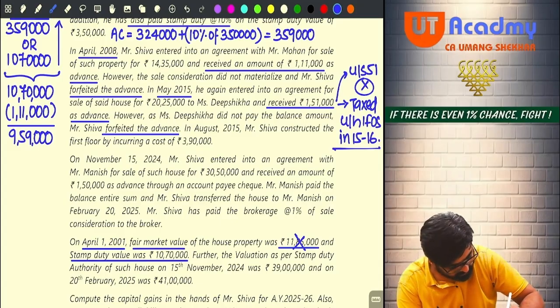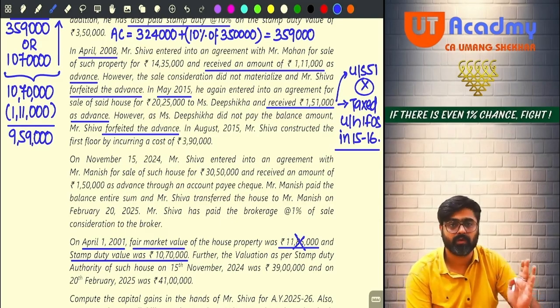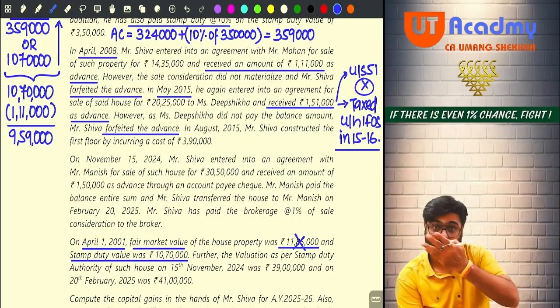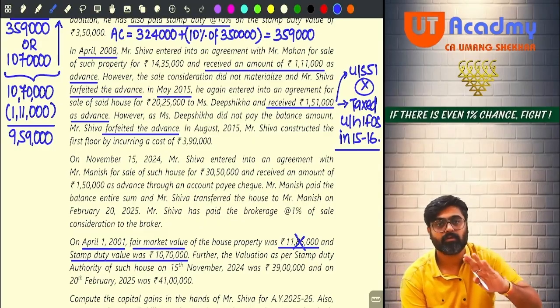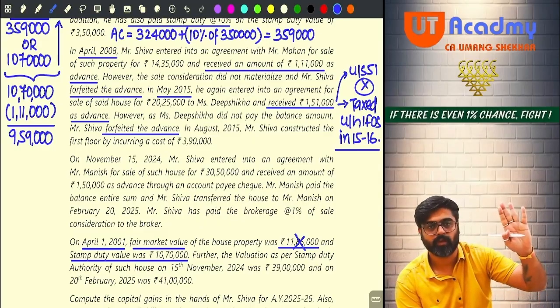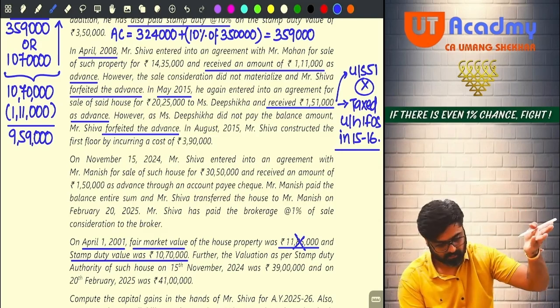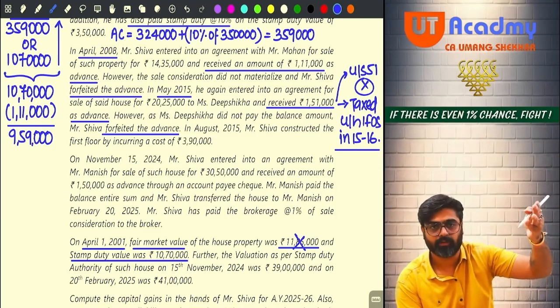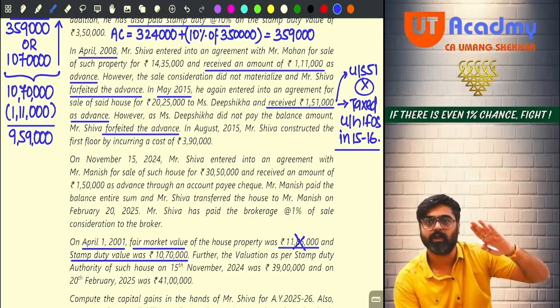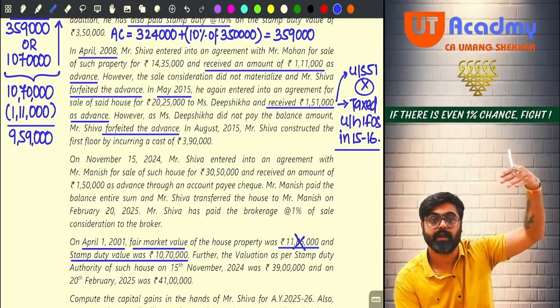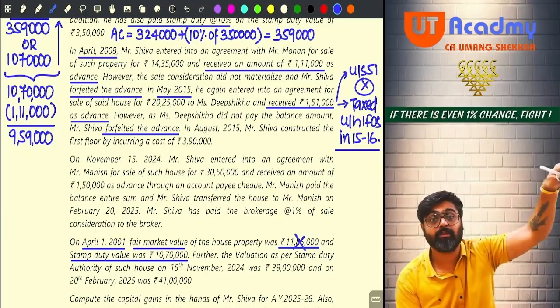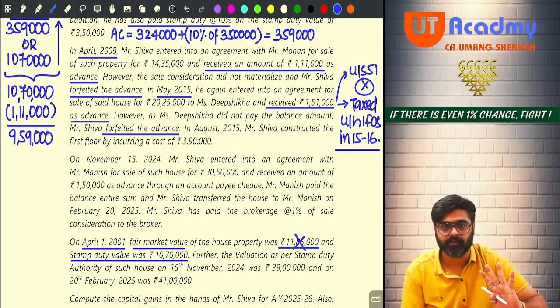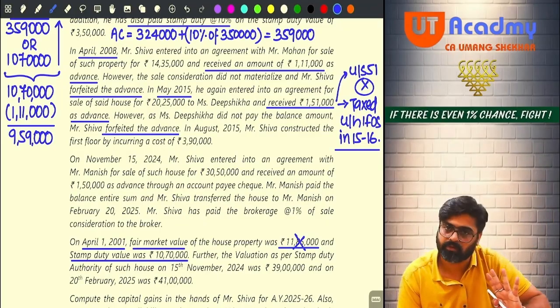So now this cannot be adjusted. For this you will have to give a note that why you have not adjusted that out of the cost. Since it was received on or after 1st April 2014, in May 2015, that is previous year 15-16, it was already taxed under the head income from other sources in 15-16. Hence not to be adjusted under section 51. The same is ignored. Yes or no?